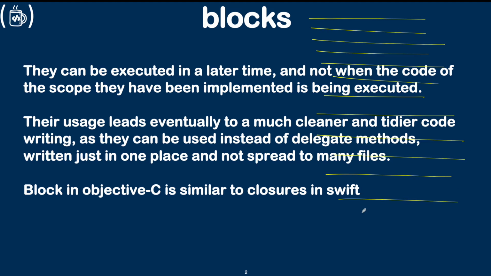Okay, so it says that they can be executed at a later time. Later time means your block is written here. Okay, so this particular block will execute in the last stage. Hence you can say that on the later stage.